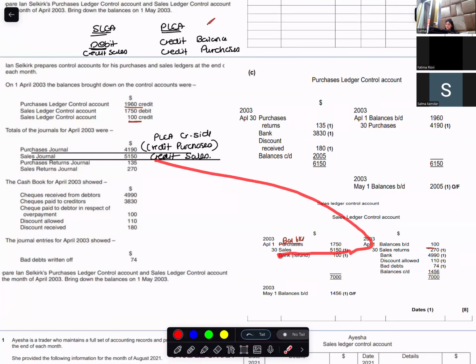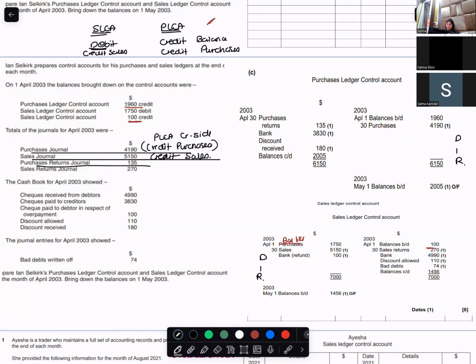Now everything else. Over here you can have only opening balance, credit sales, dishonor interest refund. Everything else would come on the opposite side. Purchase return journal will give you what?